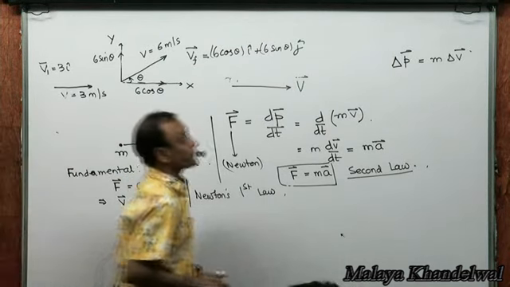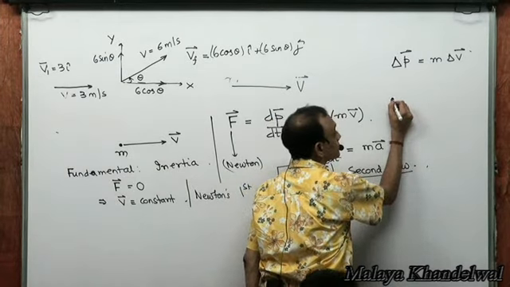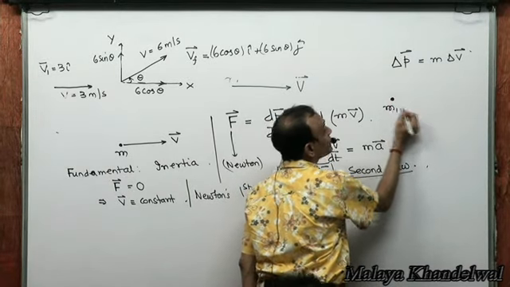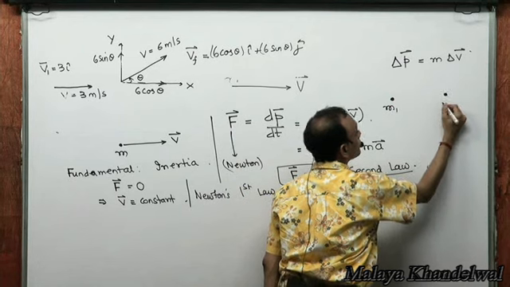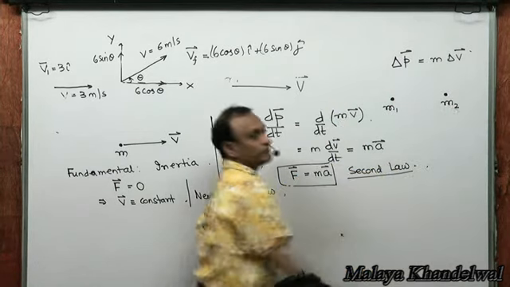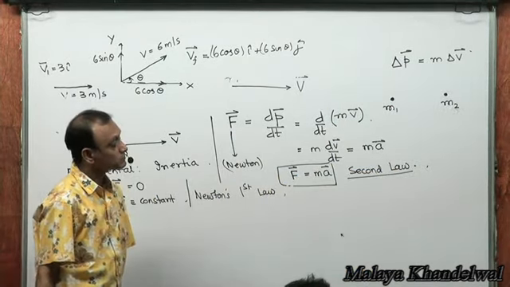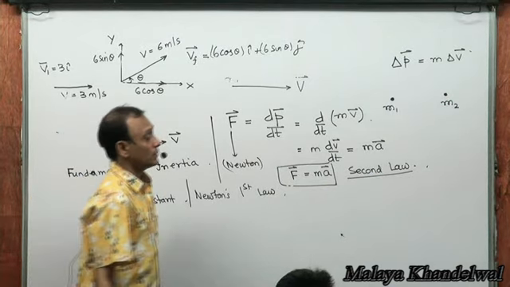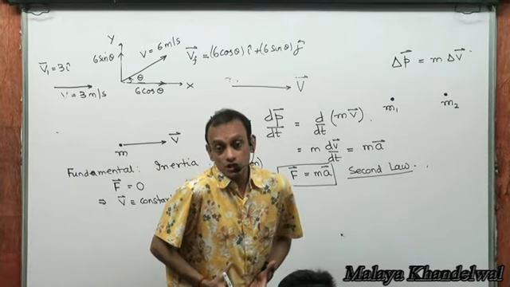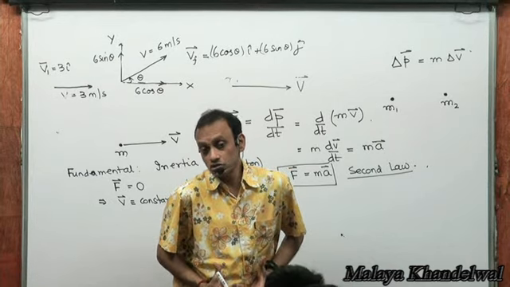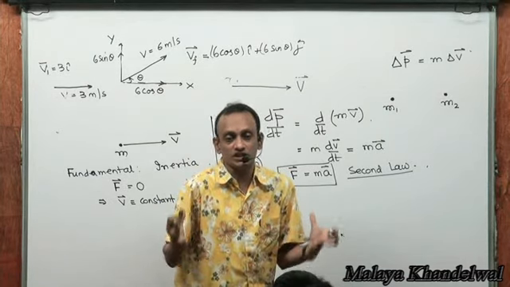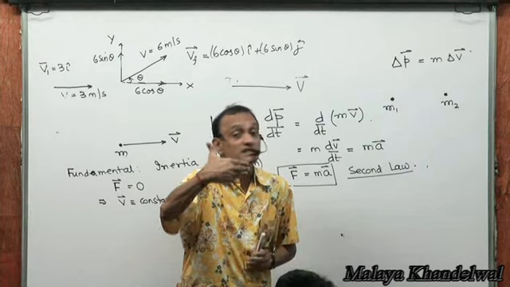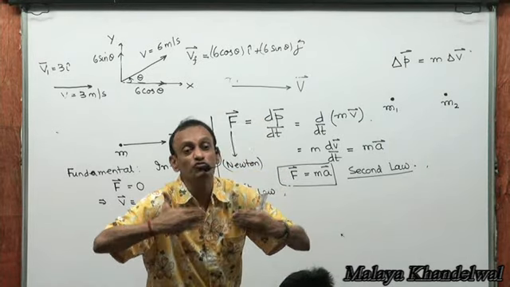Again, there could be two particles, m1 and m2. And they could exert forces on each other. Let's say they interact with each other. Whenever I say two particles interact, it means they exert forces on each other.